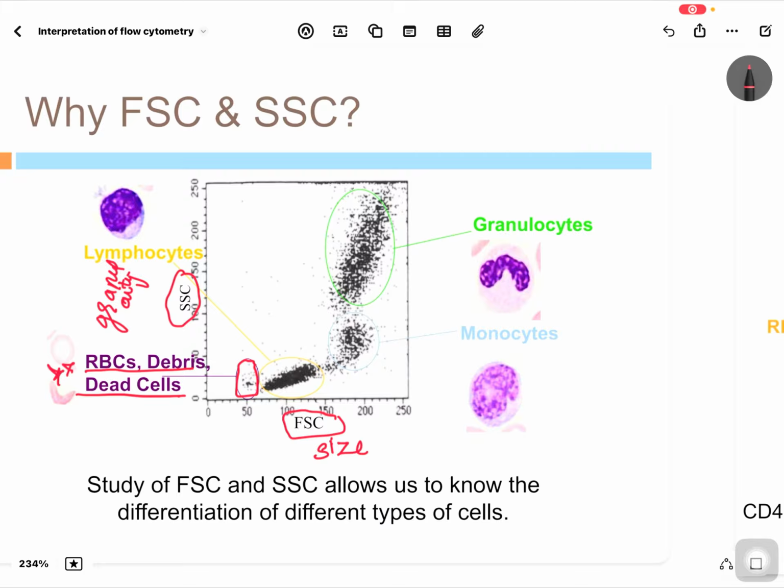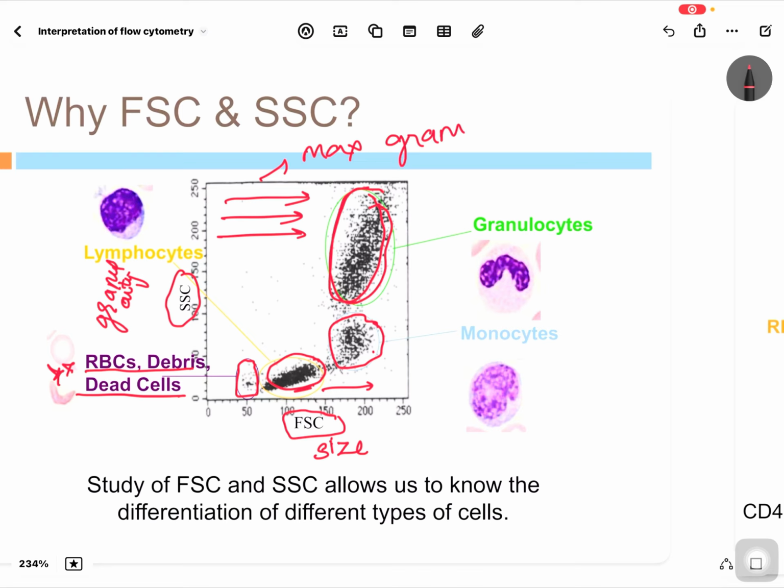The next population is of lymphocytes, because the size of lymphocytes is smaller compared to monocytes and granulocytes. As we move further to the right, the size of the cell increases; that is where monocytes and granulocytes are. In side scatter we see the complexity, so granulocytes at the top show maximum granularity.